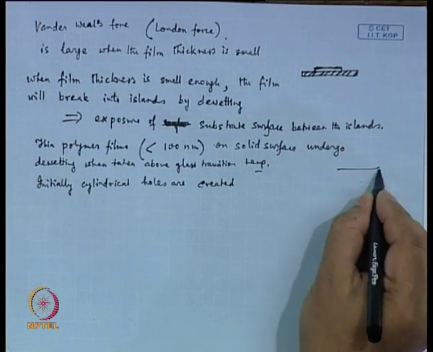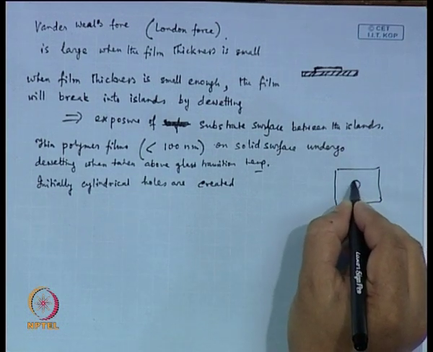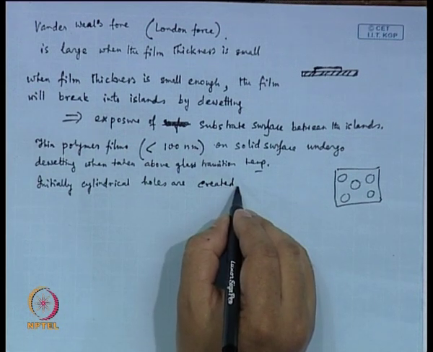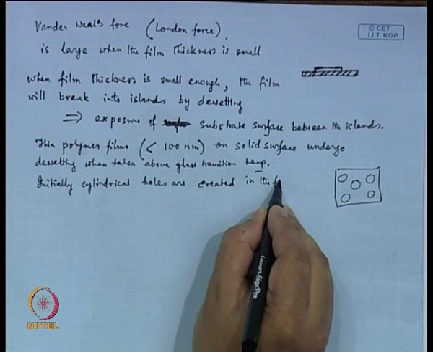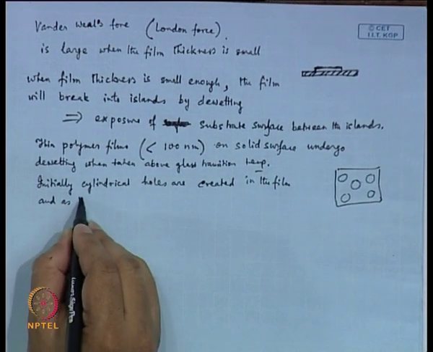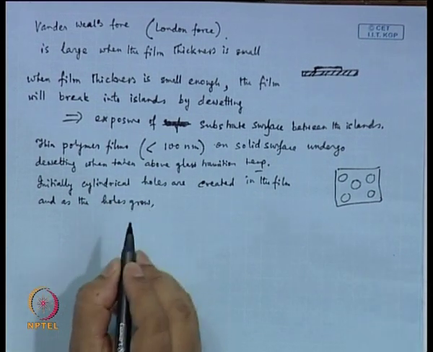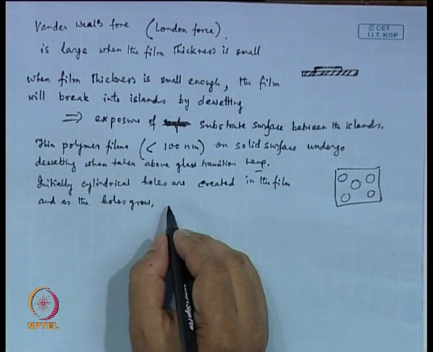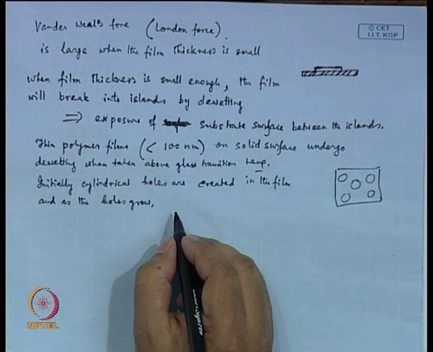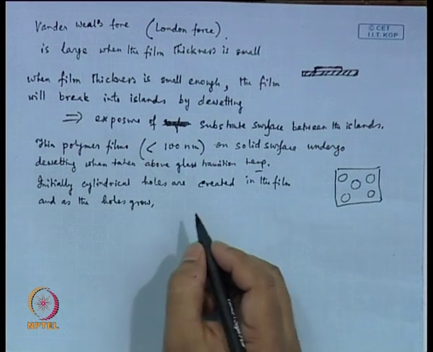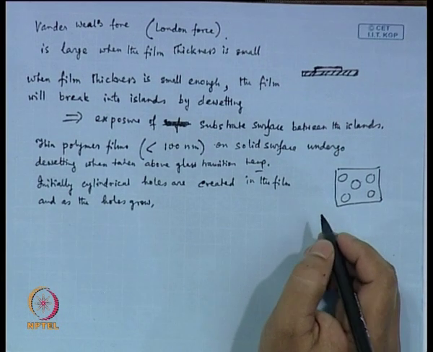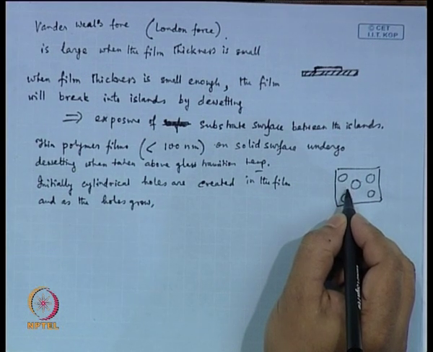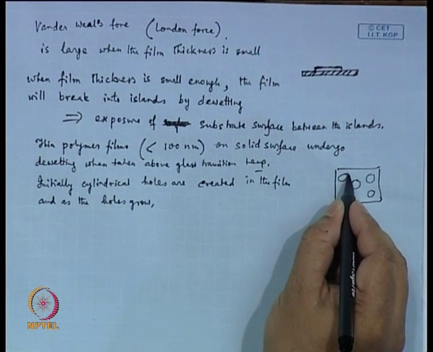Basically, cylindrical holes means if this is the surface, you will see this portion, the substrate, getting exposed like this, and initially cylindrical holes are created in the film, and as the holes grow, you have a rim here.